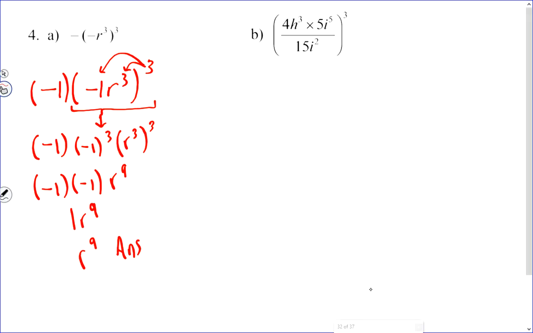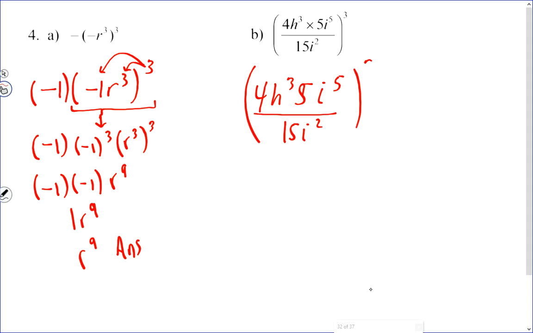Next one, I'm just trying to decide how I want to approach this. I'll do it this way. I have to take 4h cubed and multiply by 5i. No, I'm going to change my mind here. Because I have this, let me just rewrite it. And it's all raised to the 3.